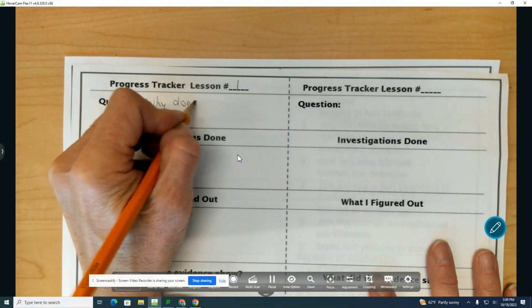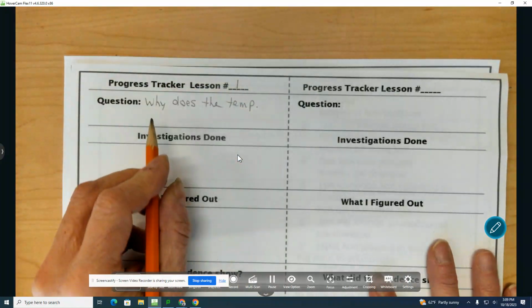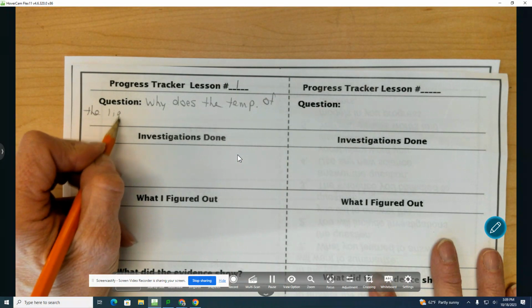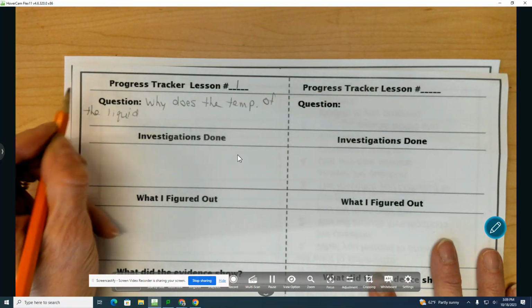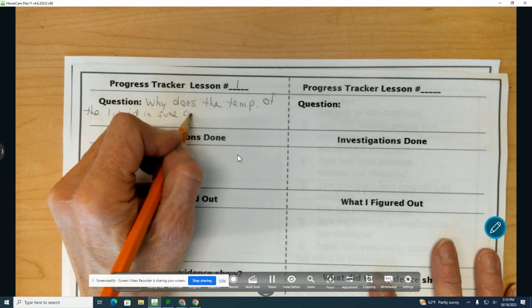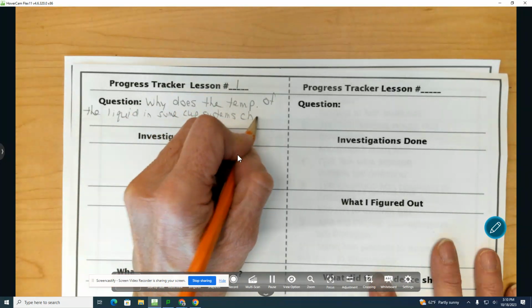Why does the temperature, you can shorten that to temp, of the liquid in some cup systems change more than others?